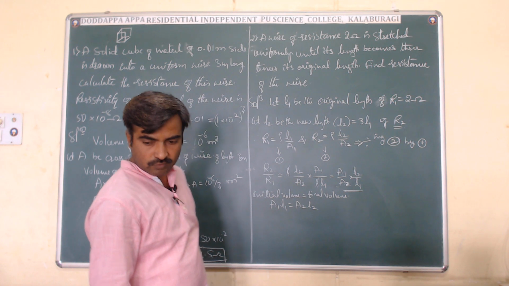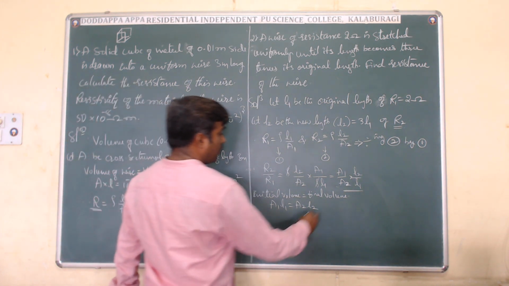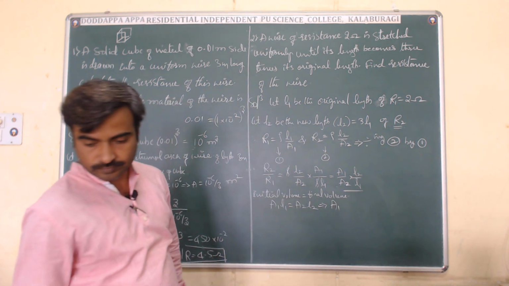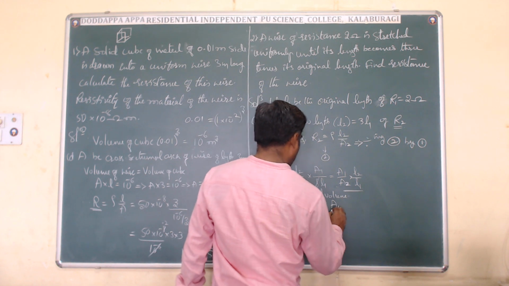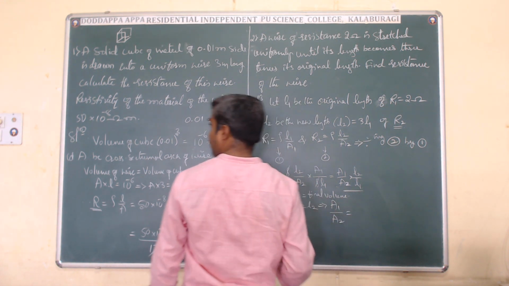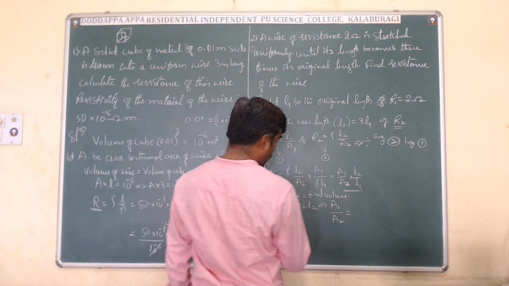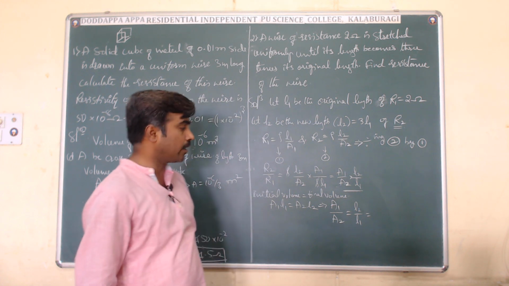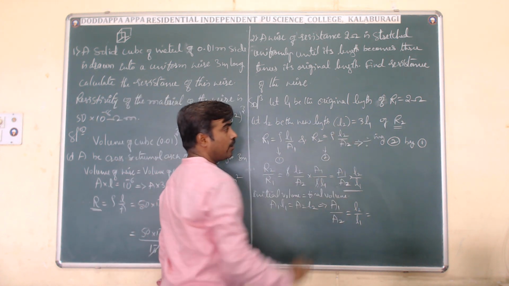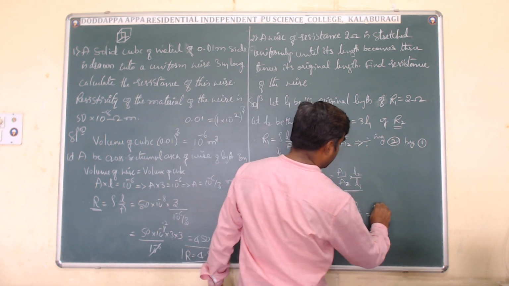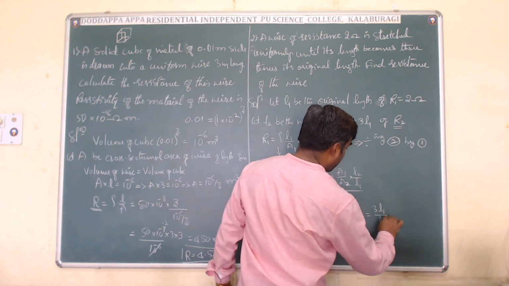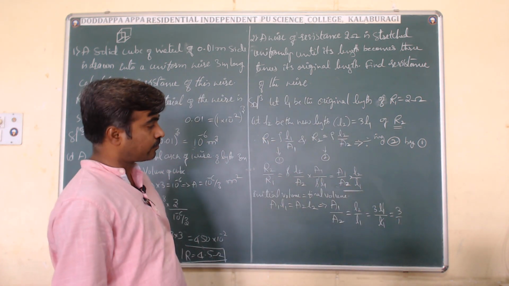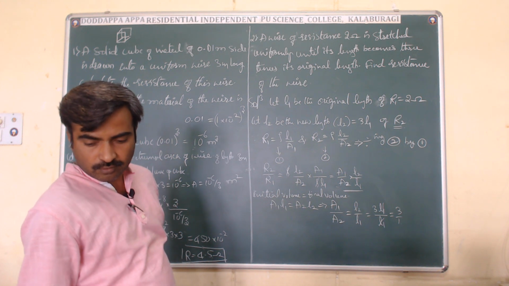Hence A1 by A2 is equal to L2 by L1. What is the L2 value we have? 3 times L1, divided by L1. These two get cancelled. It is 3 by 1. Both are equal to 3 by 1.